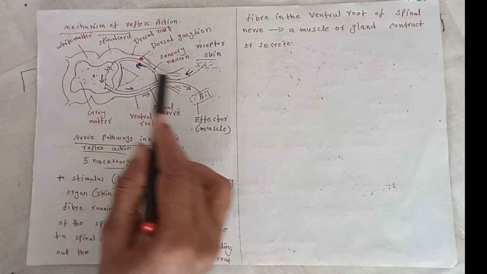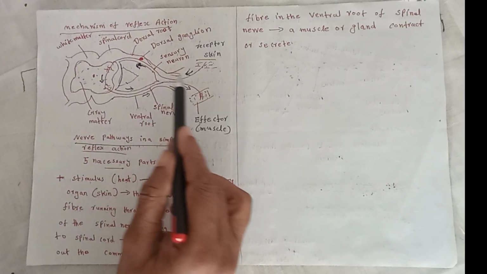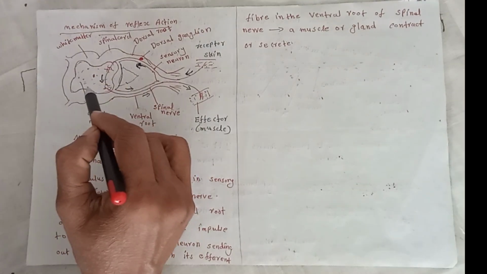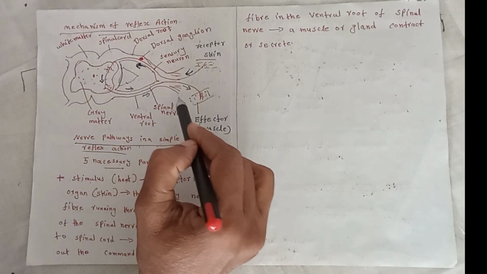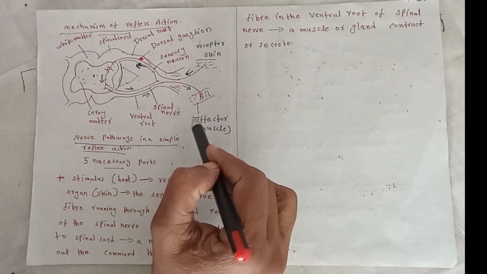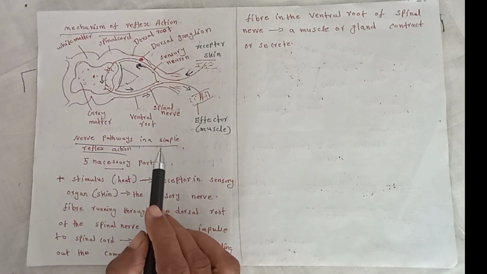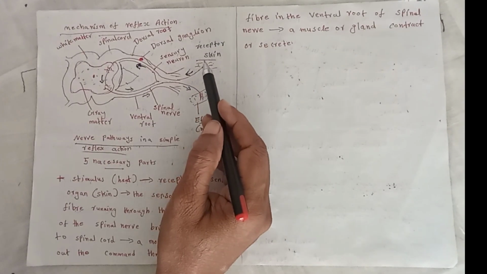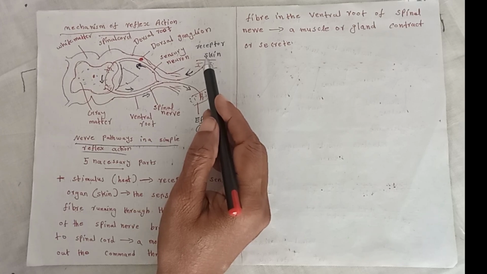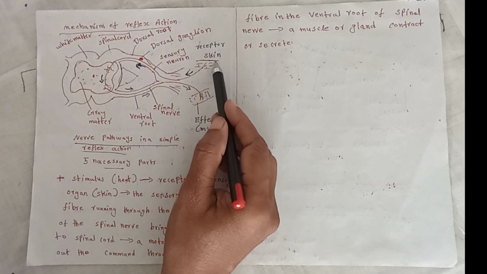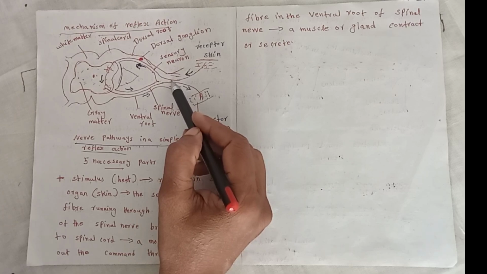Here is the pictorial representation of the nerve pathway in a simple reflex action. It starts from the dorsal part and goes to the ventral part. The stimulus, that is heat, is received by the receptor in the skin.